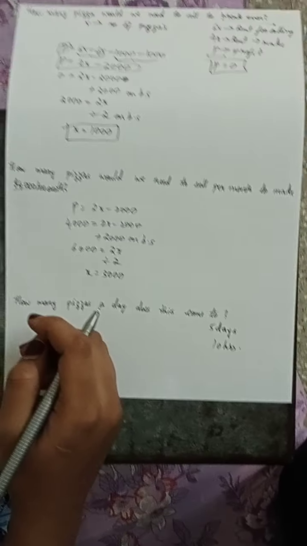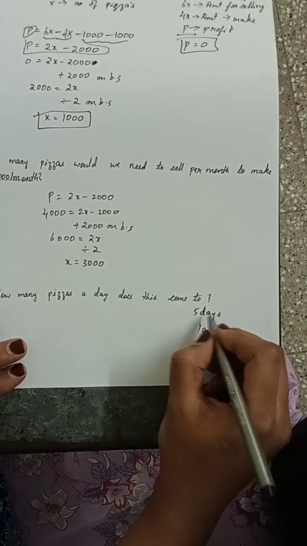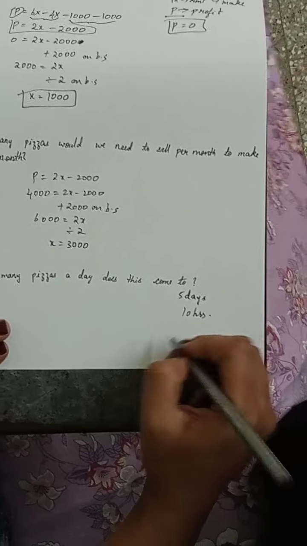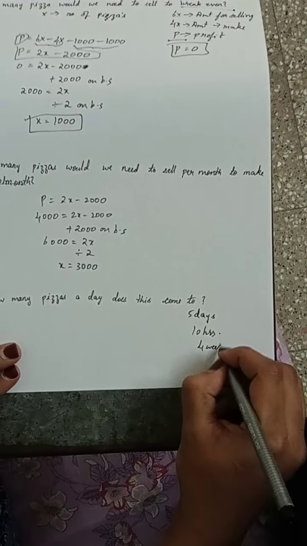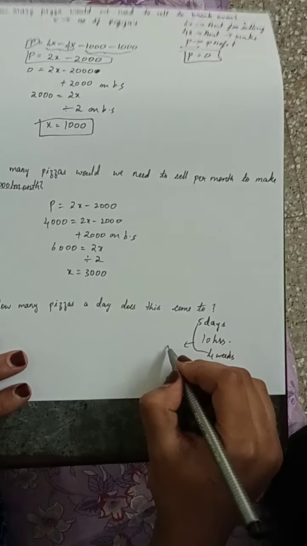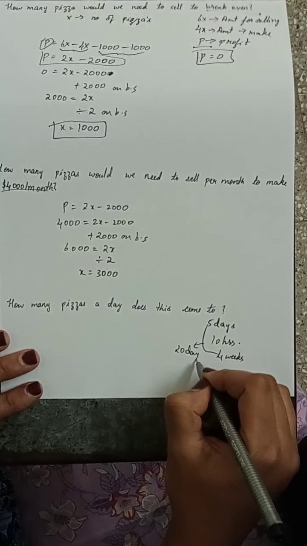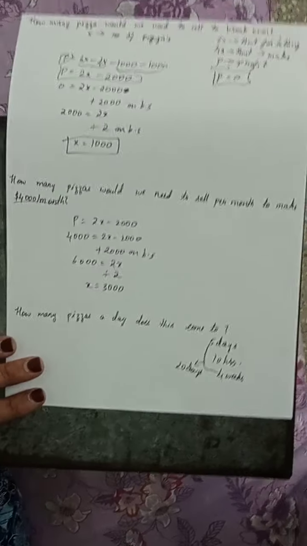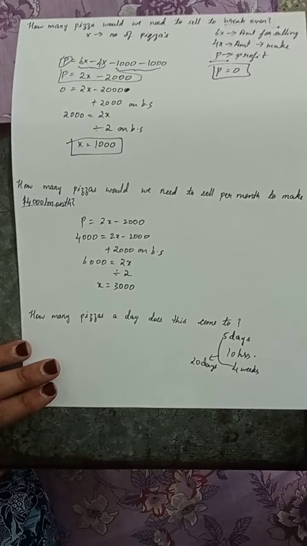For 5 days, so totally 4 weeks. So this will give you totally 20 days. So now I'll be working for 20 days in a month.